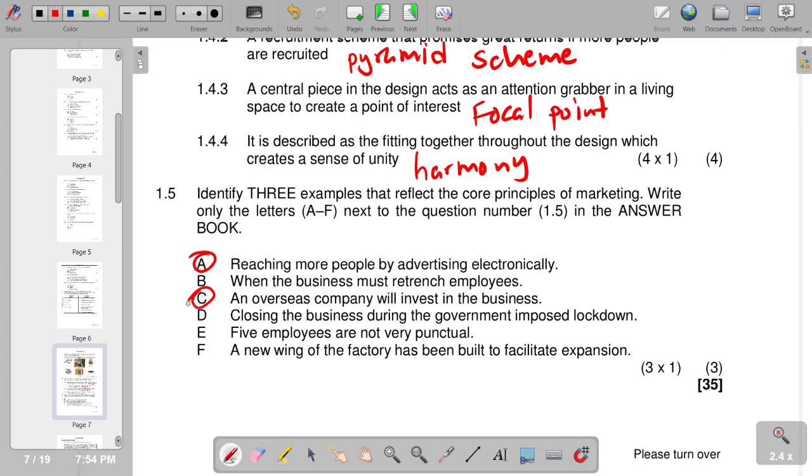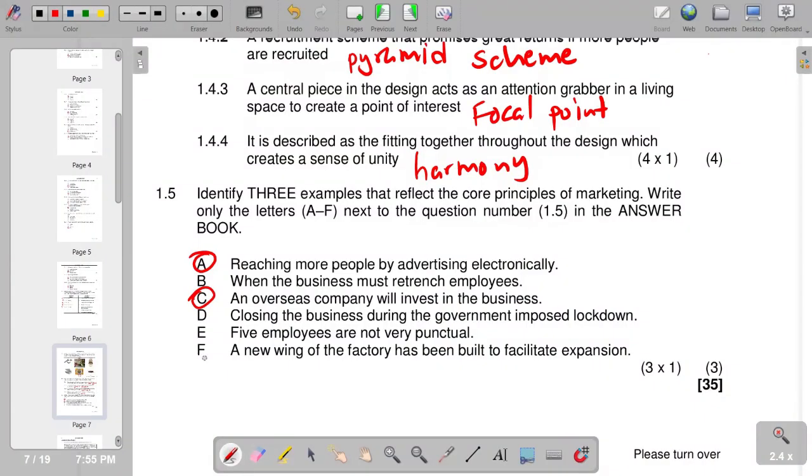Then we go to the next one. The question says, identify 3 examples that reflect the core principles of marketing. So the next one is F, a new wing of the factory has been built to facilitate expansion.